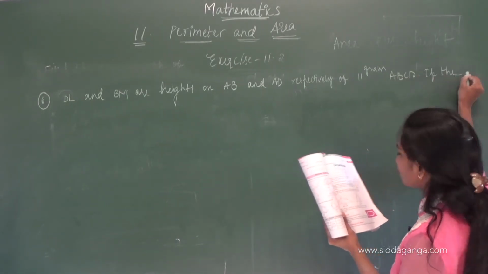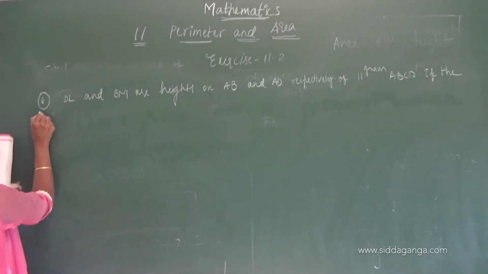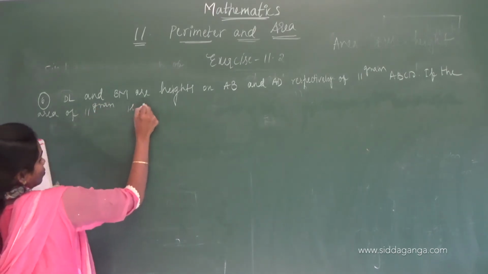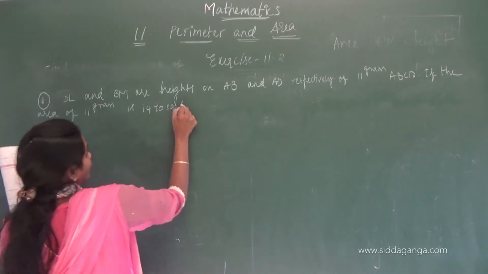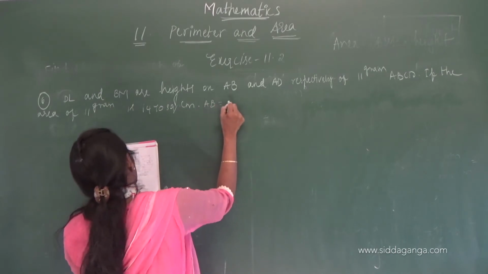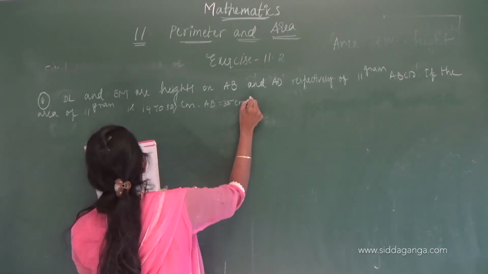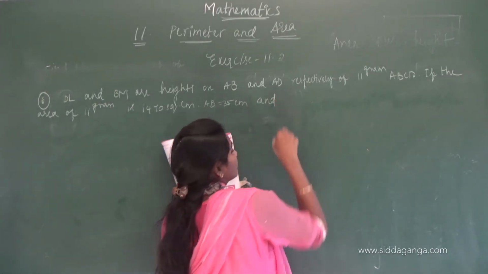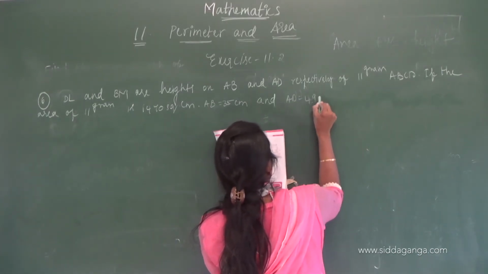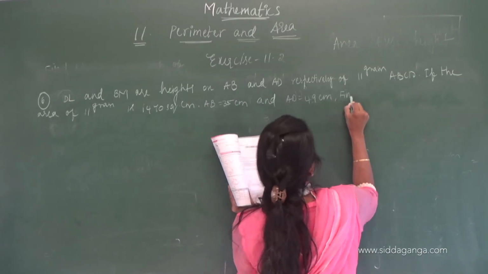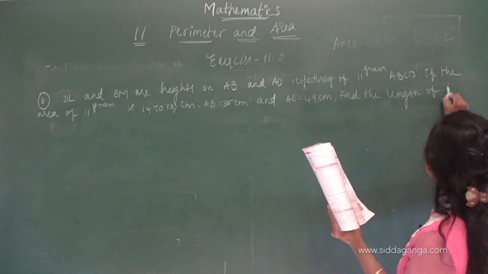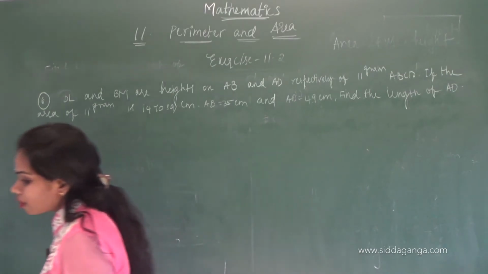If the area of parallelogram is 1470 square centimeters, AB equals to 35 centimeters and AD equals to 49 centimeters. Find the length of BM and DL.